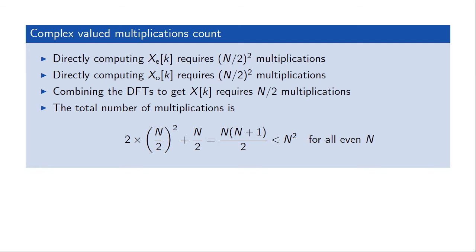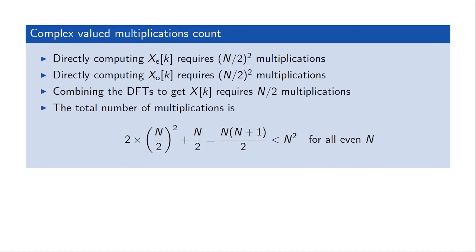So summing this up would give us 2 times N over 2 squared, which is the complexity of computing the two DFTs, plus N over 2, which is the number of multiplications required to combine these two DFTs in order to get the DFT of the sequence that we're after. And simplifying that would lead to N times N plus 1 over 2 complex valued multiplications in total.